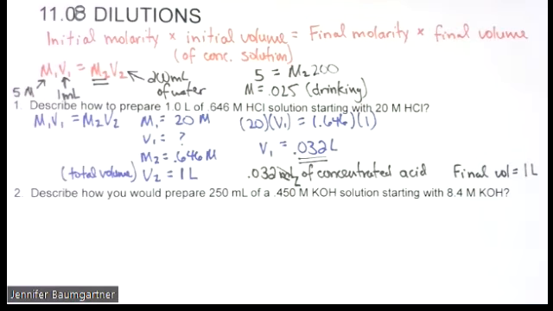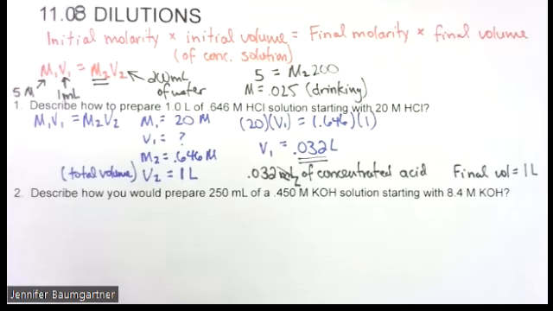How am I going to make that? Well, I'm going to put 0.032 liters into a 1 liter container, and then I'm going to fill it up to the 1 liter mark.